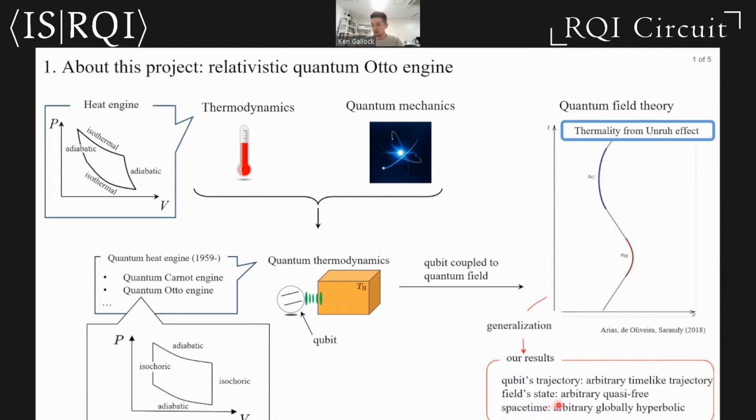Also, the field state can be an arbitrary quasi-free state, meaning it doesn't have to be the Minkowski vacuum, but you can also think of a thermal state or a squeezed state. And the background space-time can be an arbitrary globally hyperbolic space-time, like a black hole space-time and so on. So this is the general background idea of the project.